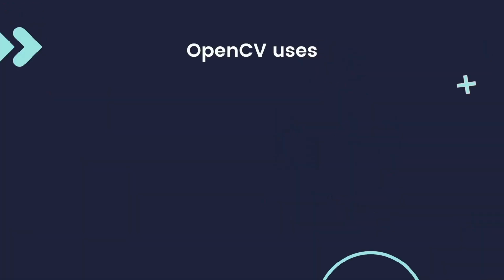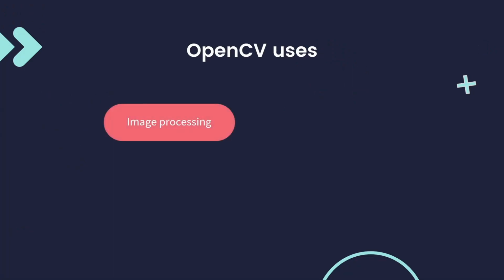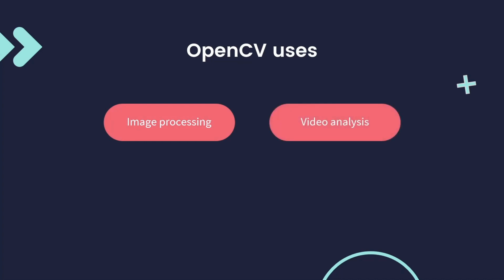OpenCV is used for a lot more, of course, but primarily in vision domain, it is used for image processing, such as the processing of pixel data, video analysis, like 4K video capture application, especially now during COVID, where the adoption of online classrooms has become more prevalent.